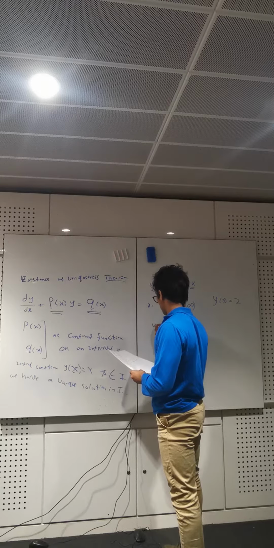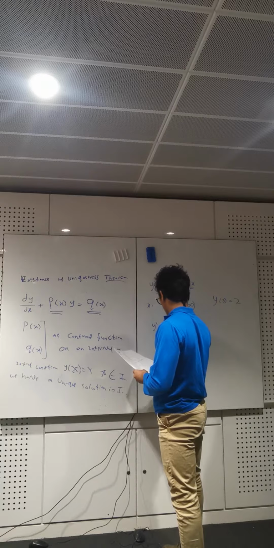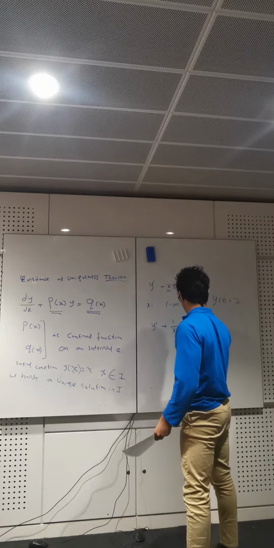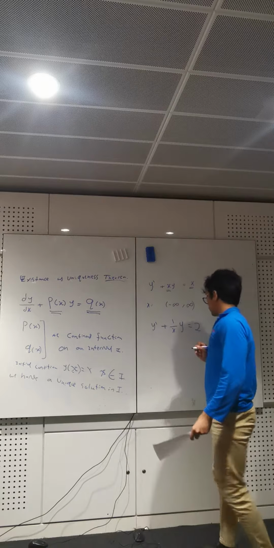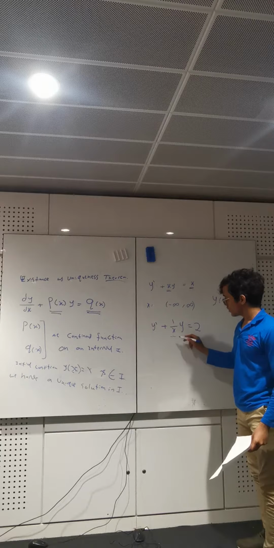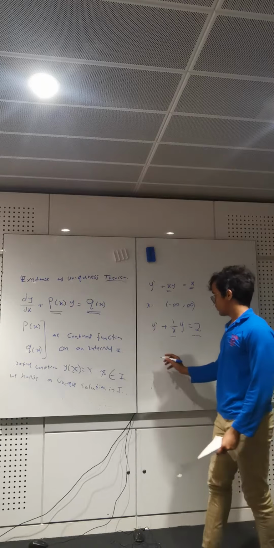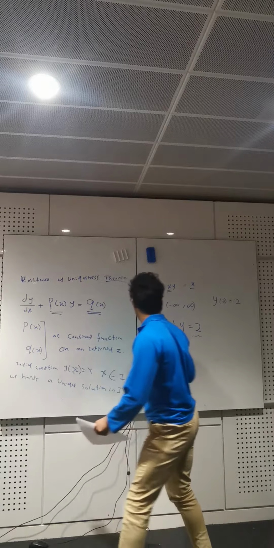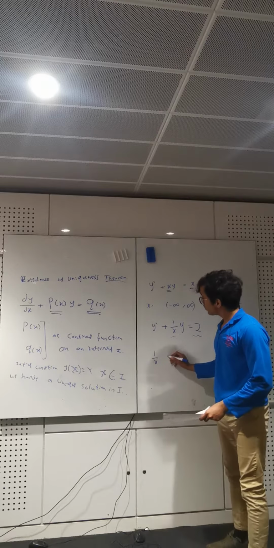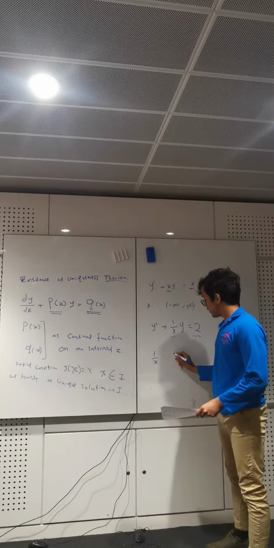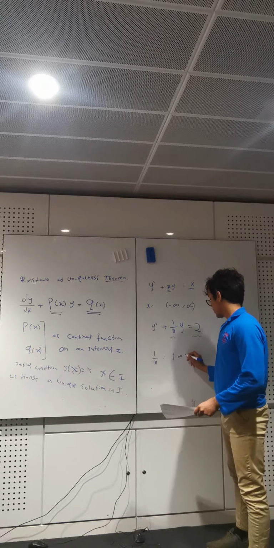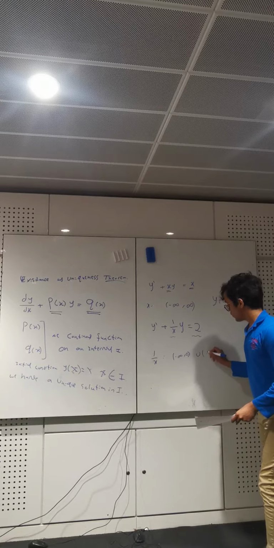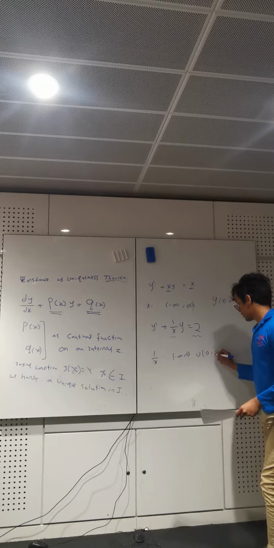Another example: y prime plus 1 over x times y is equal to 2. So we have two functions here. The first is b of x equal to 1 over x, which is continuous from negative infinity to 0, union 0 to infinity.